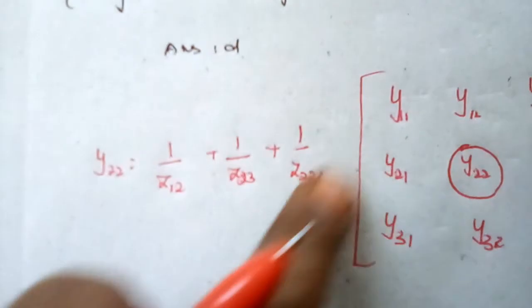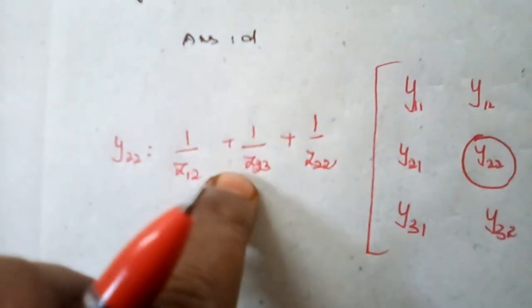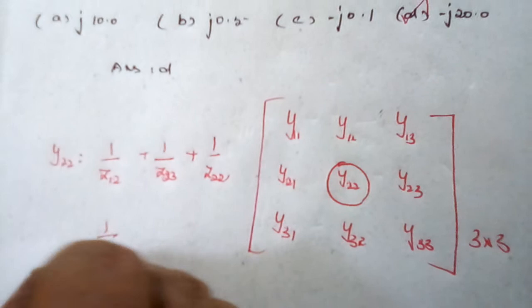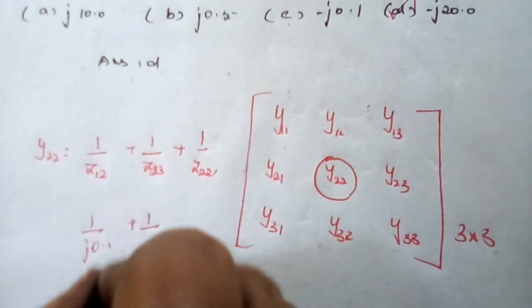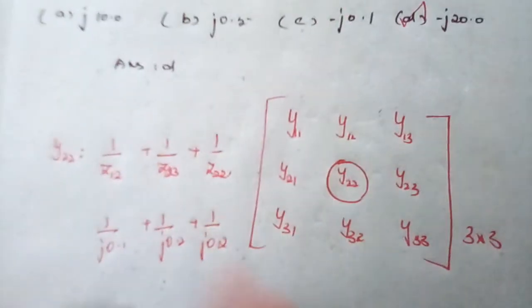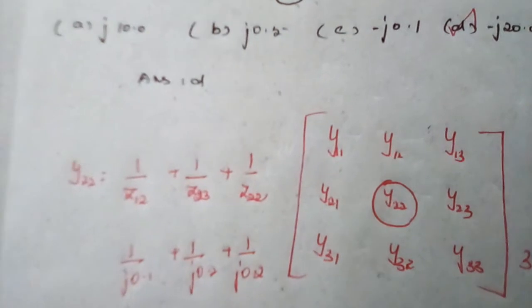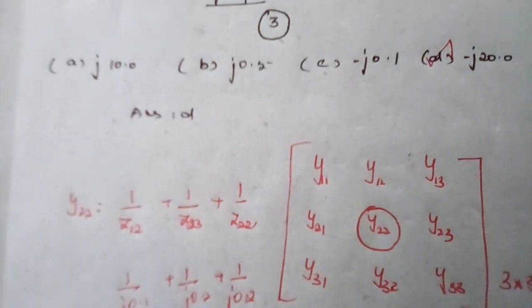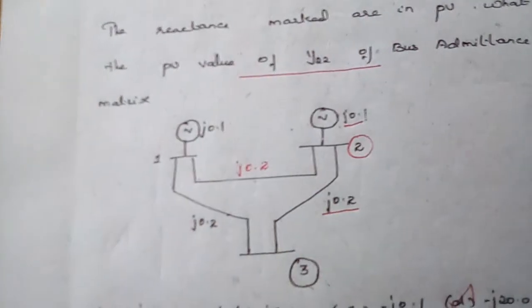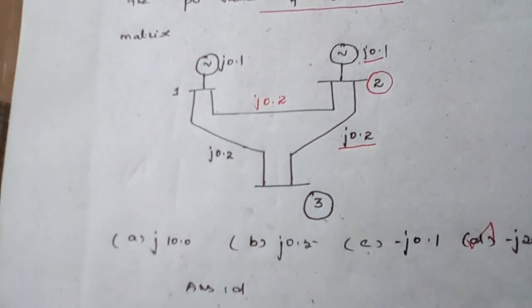By substituting the values of z12, z23, z22, that is 1 divided by j 0.1 plus 1 divided by j 0.2 plus 1 divided by j 0.2, by converting this, you get the value as minus j20. So option number D is the correct answer for question number 5.